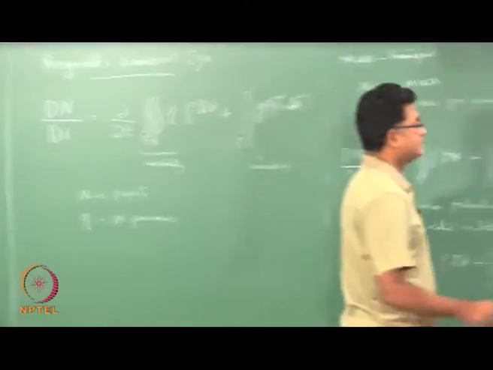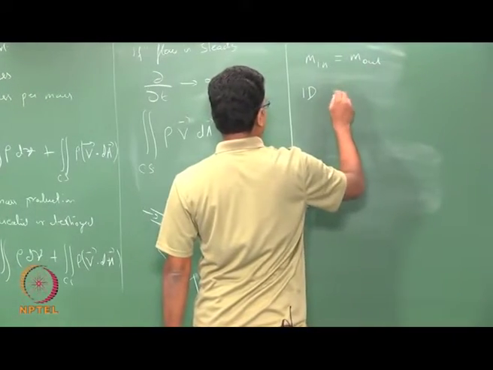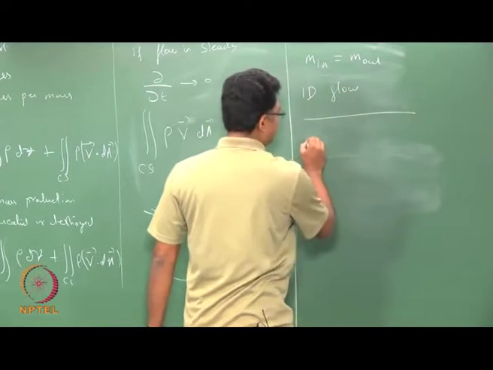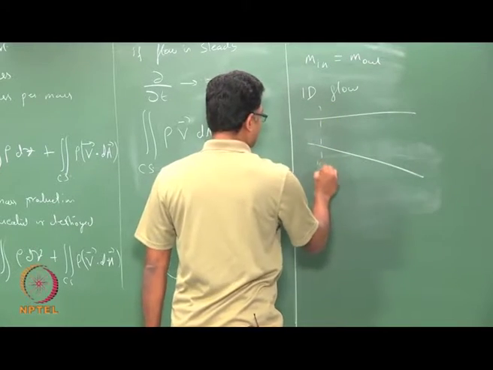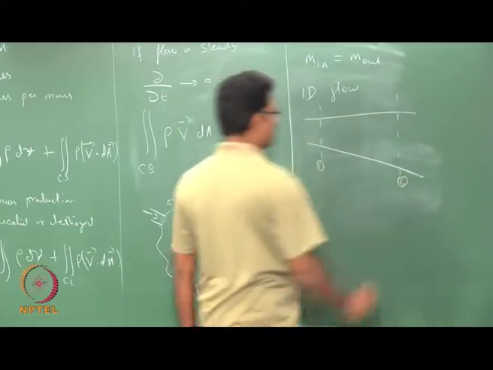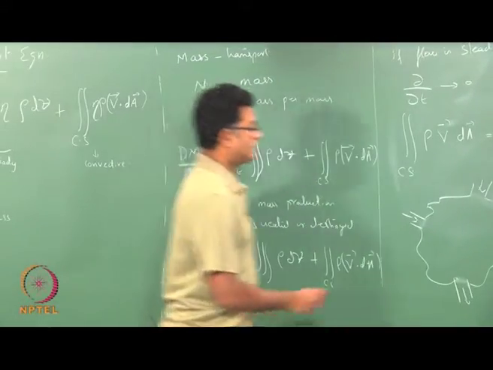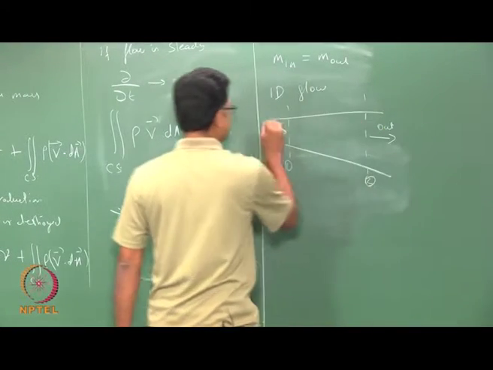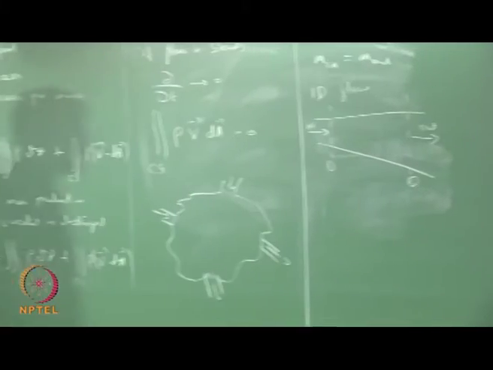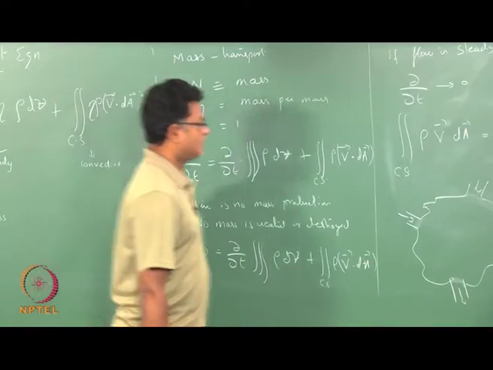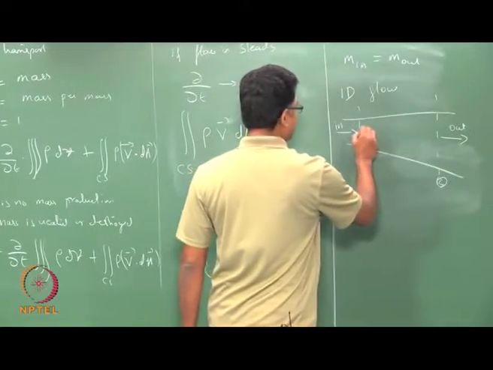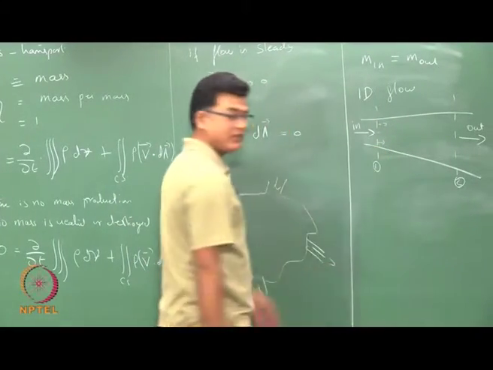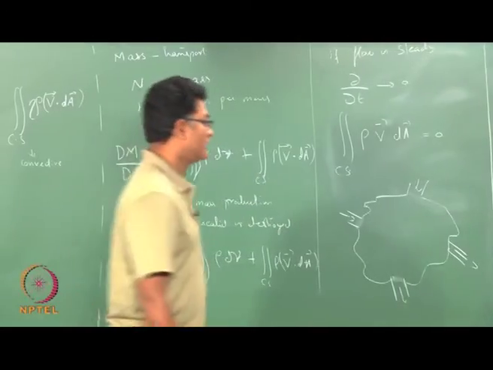So, let us have a 1D system where there is fluid that is coming in and fluid that is going out. Which means that velocity at the cross section is the same. So, the velocity here is the same as the velocity here, velocity is constant across the cross section.